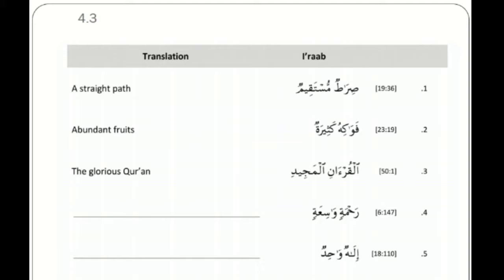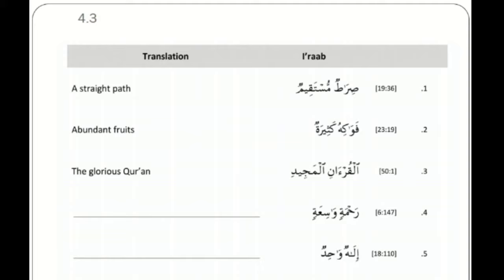Are fruits a plural? One fruit is single, two fruits is dual, and fruits are a plural. Are fruits human or non-human? Non-human. So Allah didn't say fawakihu kathiruna. You with me? Allah described fawakihu with a what? A single female. The single male is kathiru. Allah uses kathiratun because it's referring to the plural of a non-human thing.